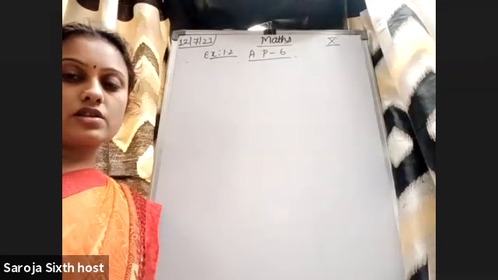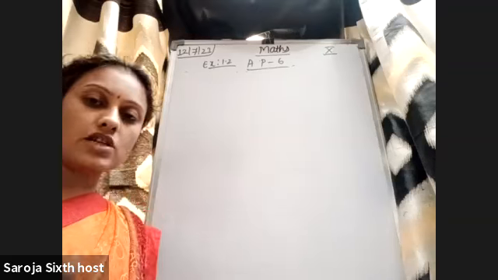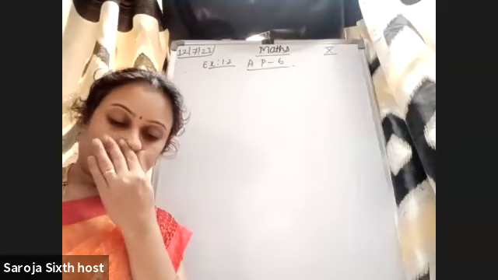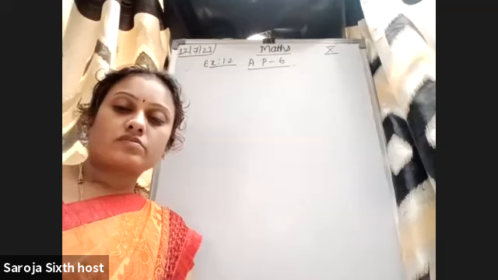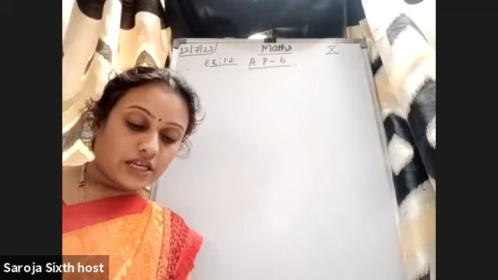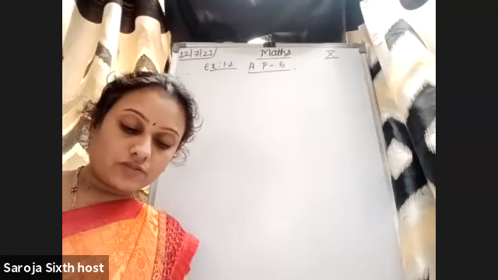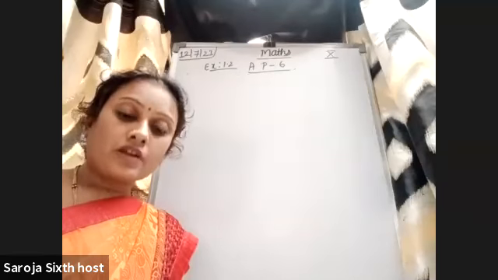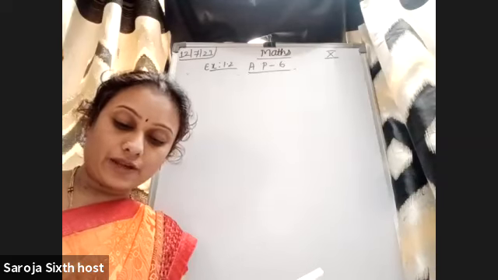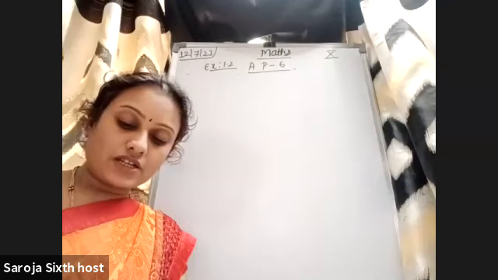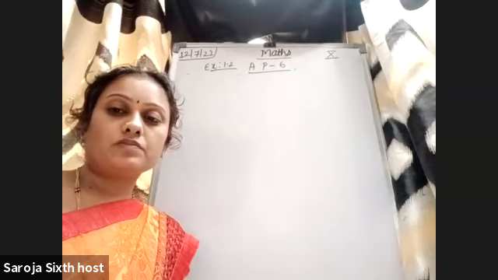Abhinaya, can you tell me? I will read out the question once again. If the third and the ninth terms of an AP are 4 and minus 8 respectively, which term of this AP is 0?